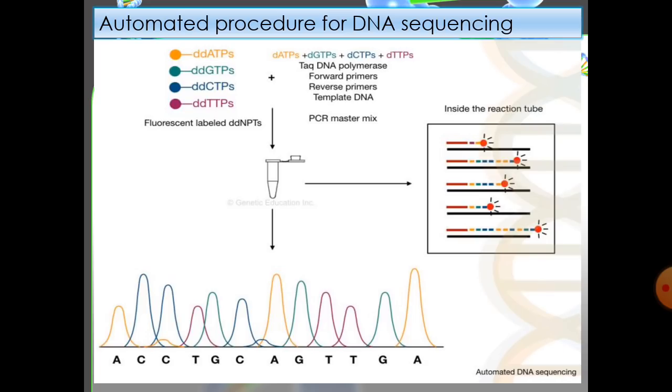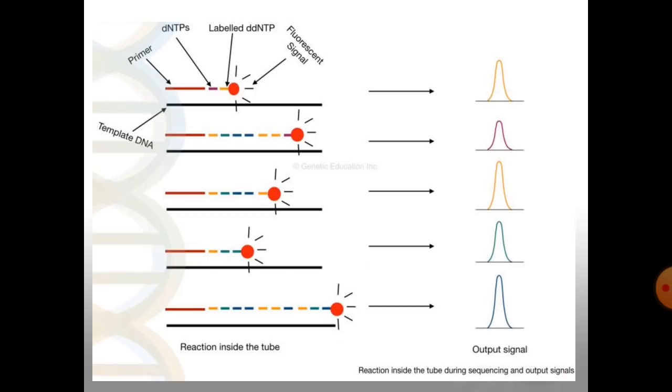Now you shall see the reactions inside the tube. Now you can see the labeled ddNTPs, the primer, the dNTPs and a template DNA. Once the ddNTP is added, the reaction gets terminated and you can see the output signal here, and each and every color indicates a base pair.